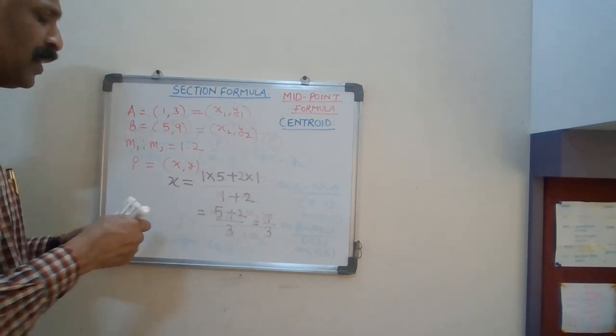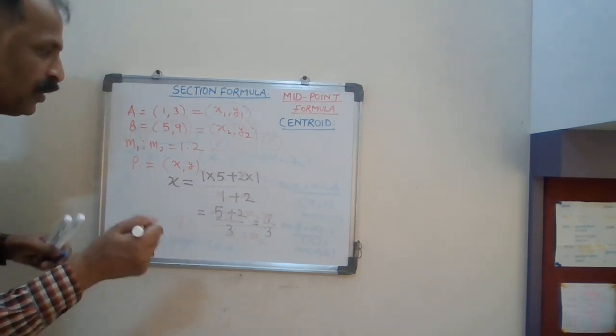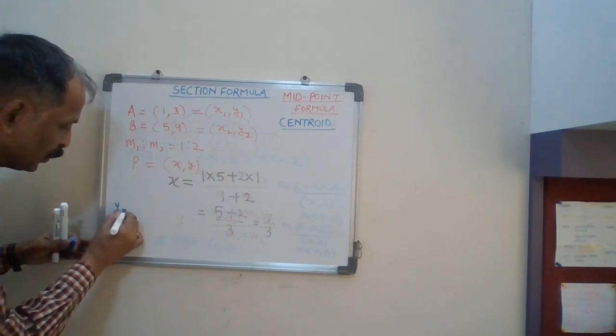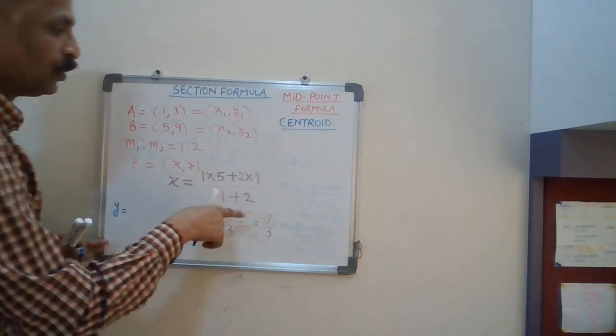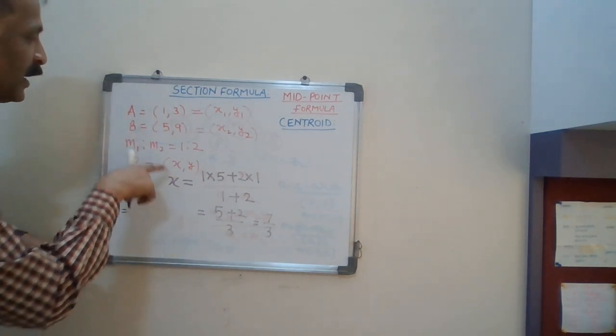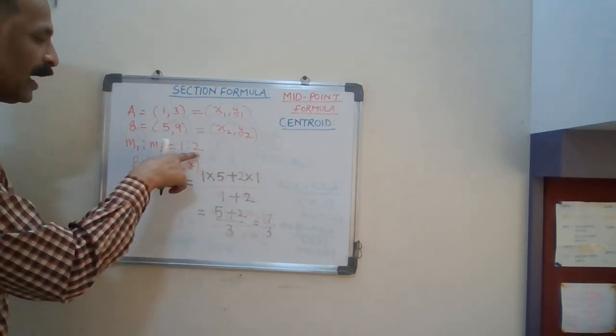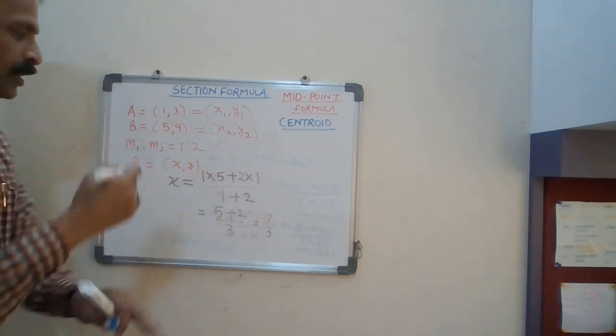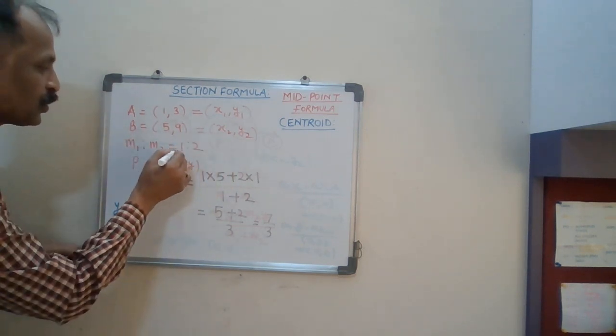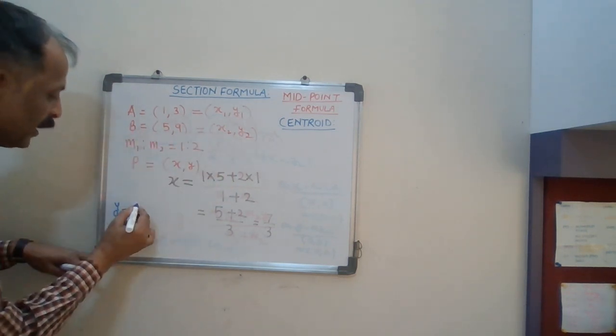Similarly, you can find y. So when you are finding y, you will say m1 into y2, or you can say m2 into y1. You go and cross. So if I say m1 into y2, so I'll say 1 into 9.